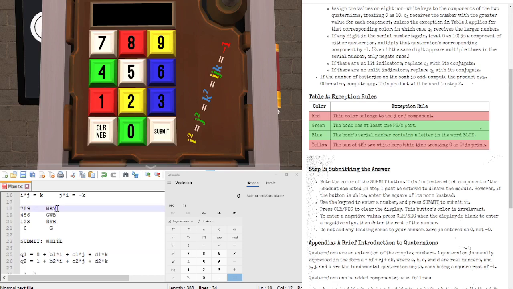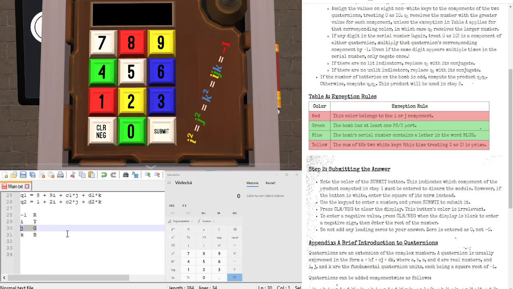So we need to have a look at yellow keys, which is 9 and 2. Yellow has its exception rule false, therefore we don't swap anything, so the greater one of these two is in quaternion 1 and the lower one is in quaternion 2.